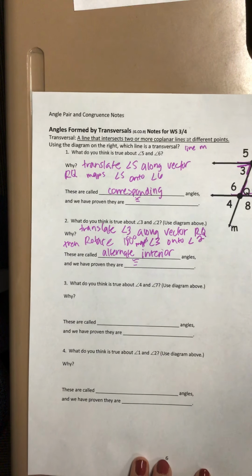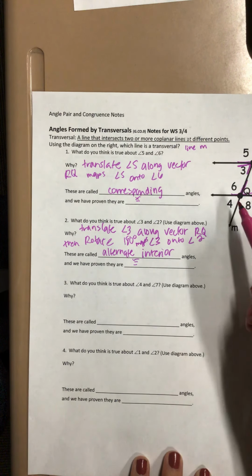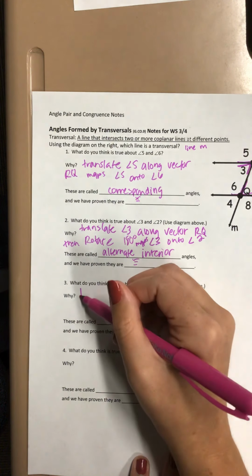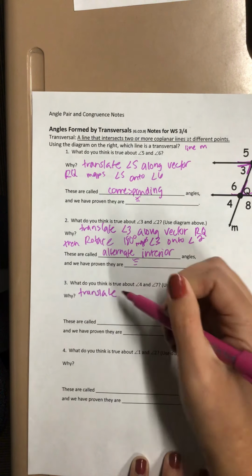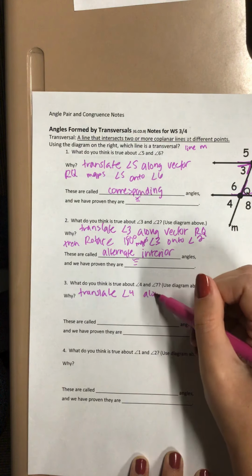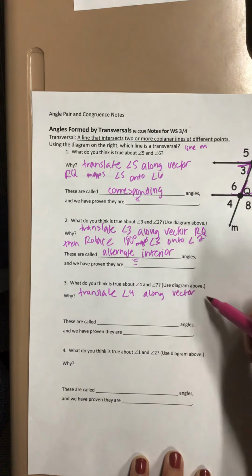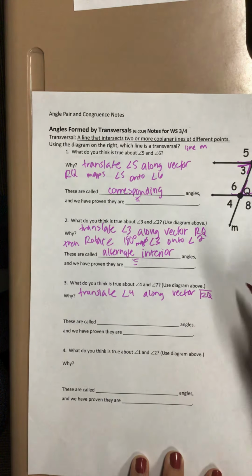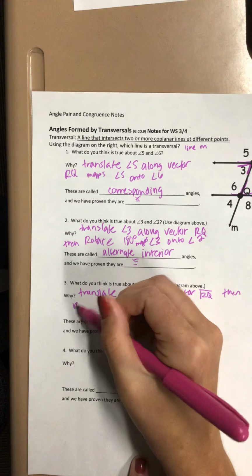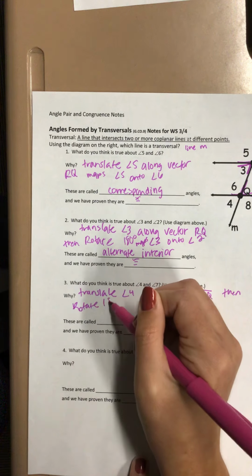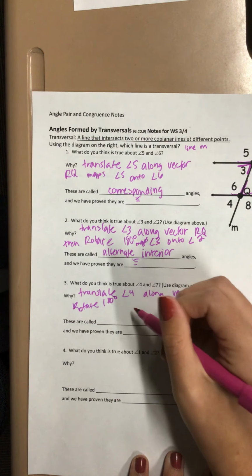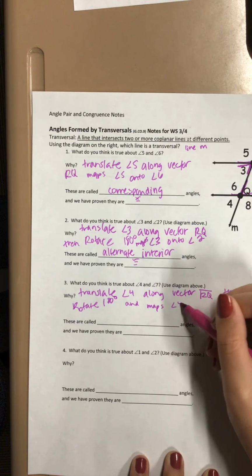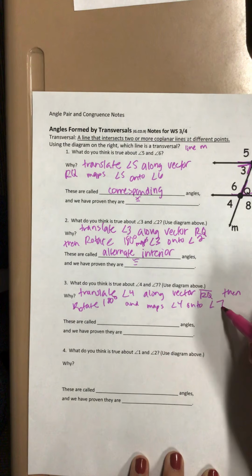And then we're going to look at 4 and 7. So 4 and 7, you would translate angle 4 along vector RQ, then rotate 180 degrees and that maps angle 4 onto angle 7.